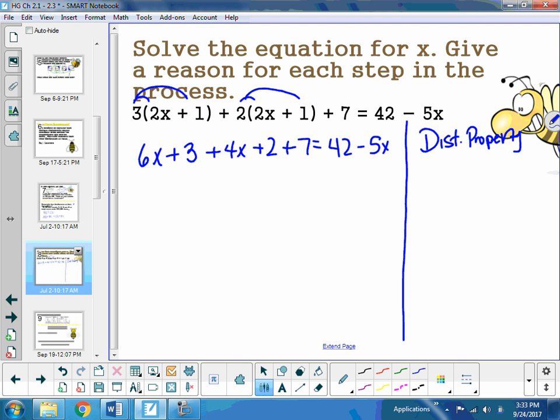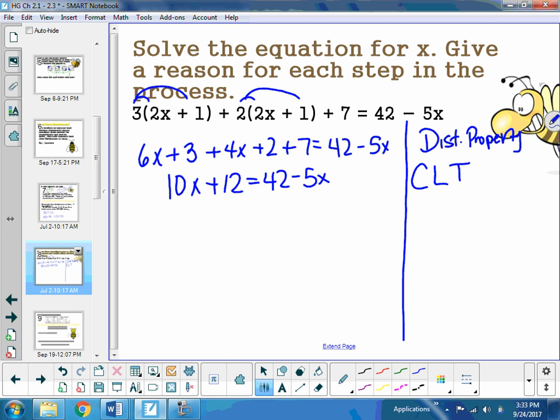I would just combine my like terms on each side. So I'd have 10x plus 12 equals 42 minus 5x. There, what I did was combine like terms. Combine like terms, we call CLT. It's something we use quite a bit, so just call it CLT. It'll save you a lot of headaches.